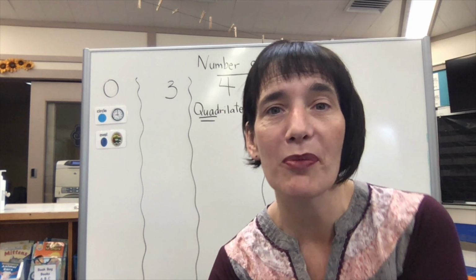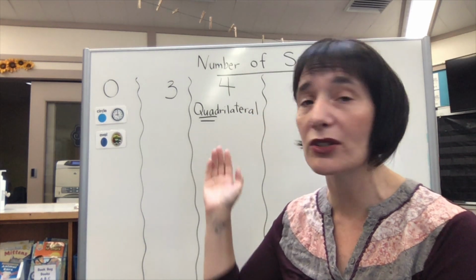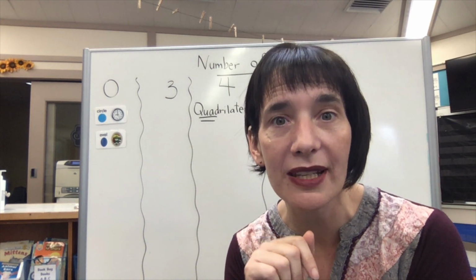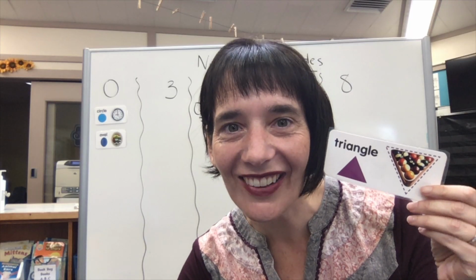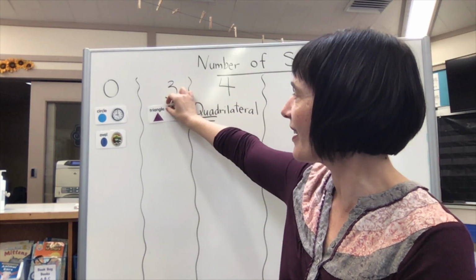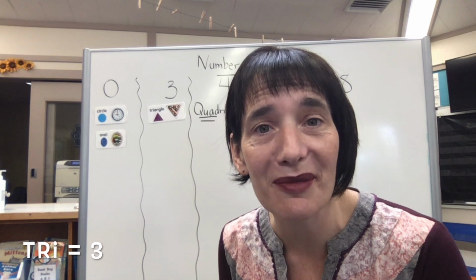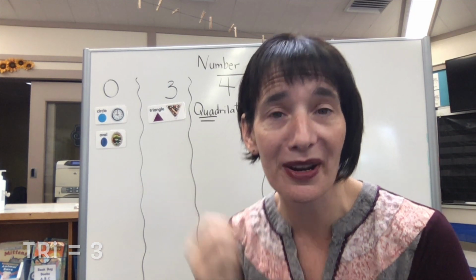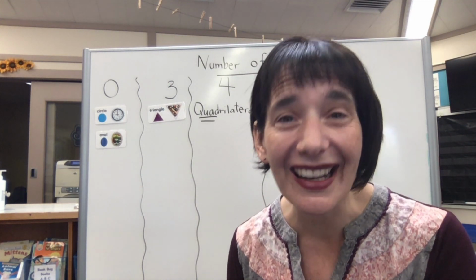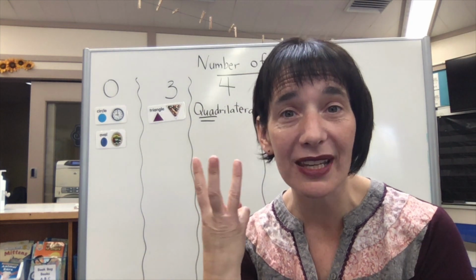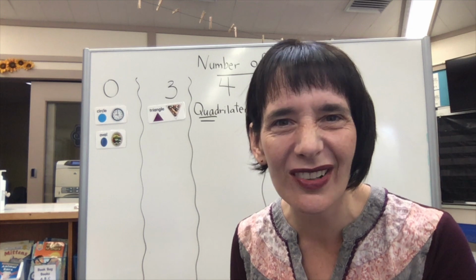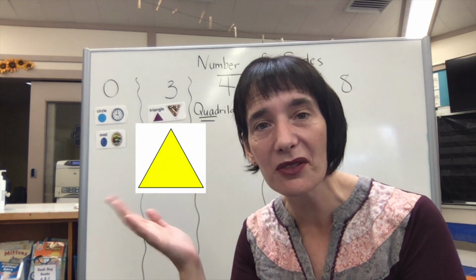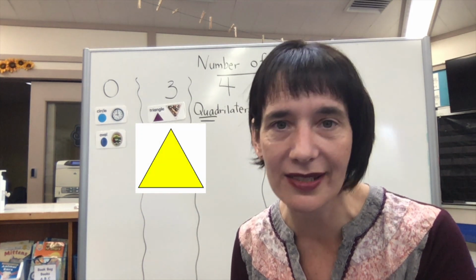Well, what is the shape, what's next then? If we don't have 1 or 2, what is a shape with 3 sides? That's right, it's a triangle. Let's put it over here. Tri means 3, right? So any shape that has 3 sides is a triangle. What kind of triangles are there? I mean, there's equilateral triangles where all 3 sides are the same length.